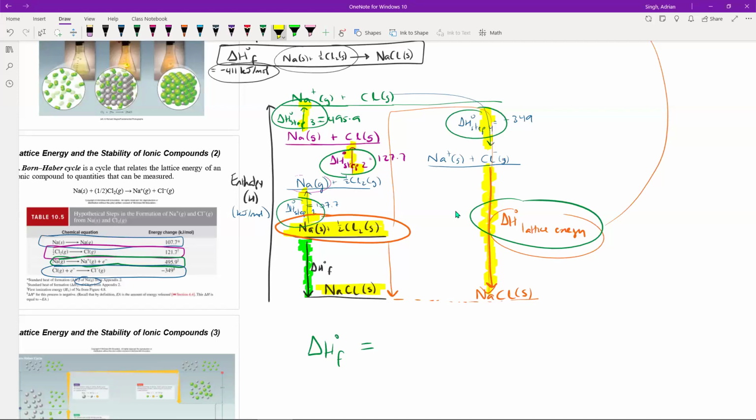The numbers should be the same. So the delta H of formation is simply equal to the sum of all the other steps. So delta H for step 1 plus the delta H for step 2 plus the delta H for step 3 plus the delta H for step 4 plus the lattice energy.